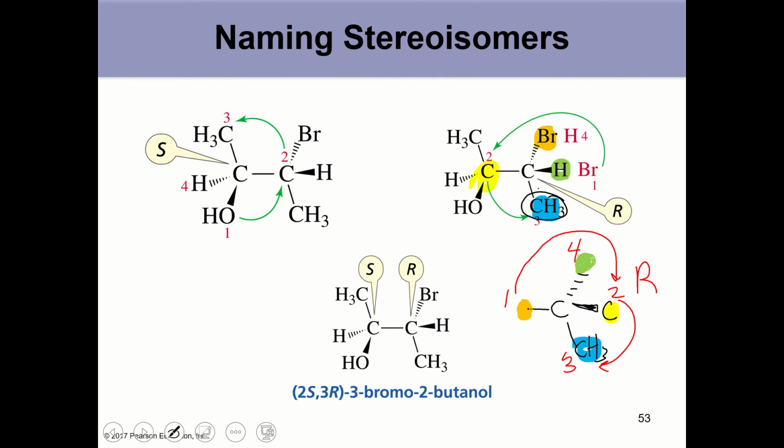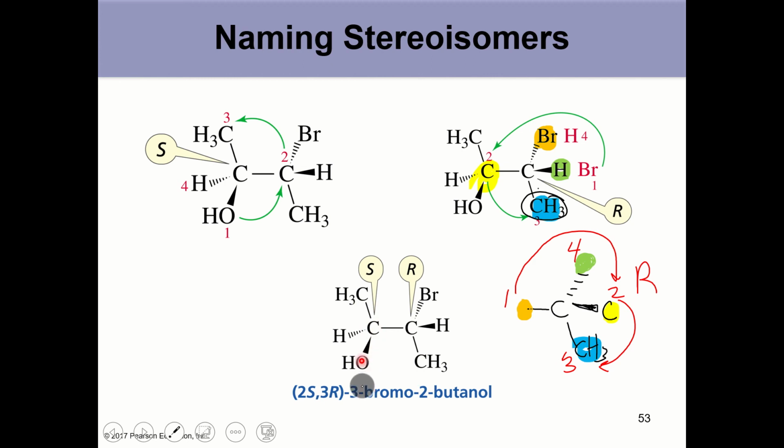You also have to remember to number the carbons for naming. The terminal carbon that is closest to the OH group is going to have the lowest possible number. So this is a 4-carbon molecule, 1, 2, 3, 4 carbons total.